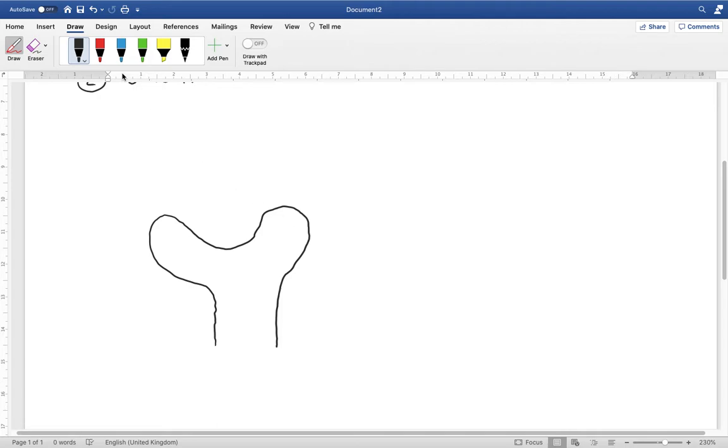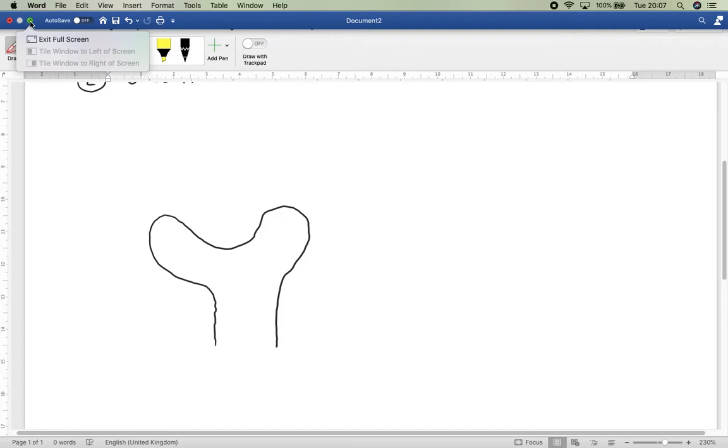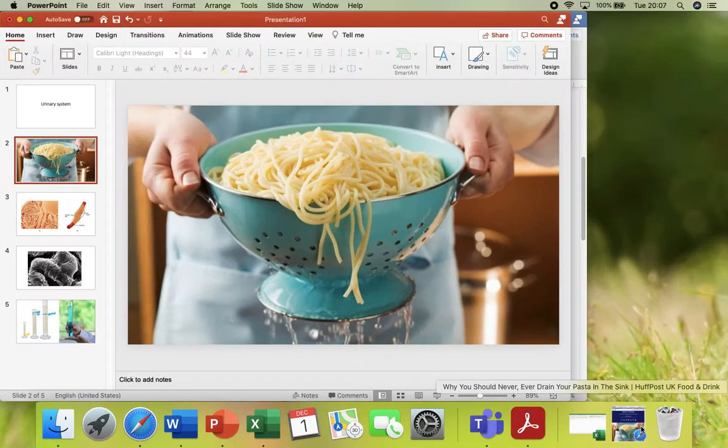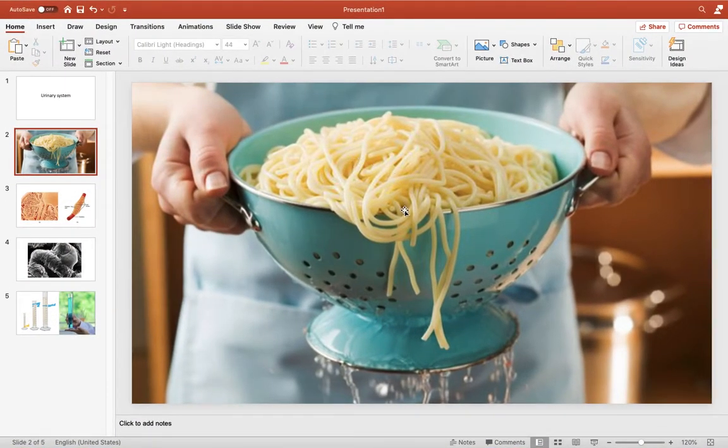So just to give you a bit of a visual, so we're all on the same page, I know some of you are really good at visualizing things, and maybe some of you are a little bit worse at it. So let's have a look at it together. So, a very simple picture. Here I've cooked some pasta and I've put it into a cauldron, and that's essentially what that first section of my nephron is going to be.